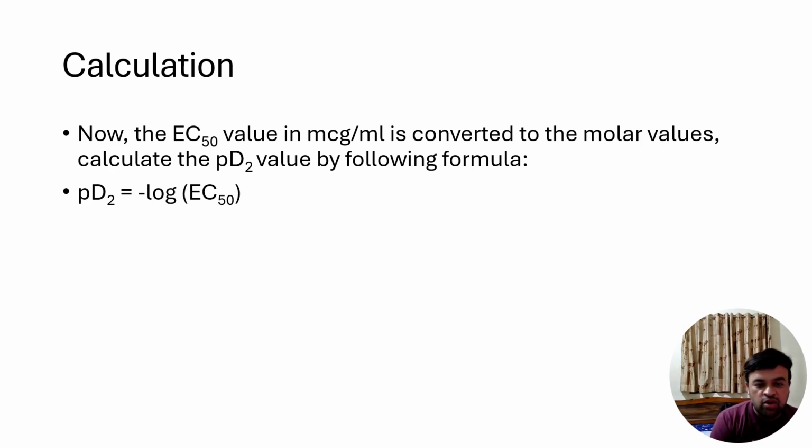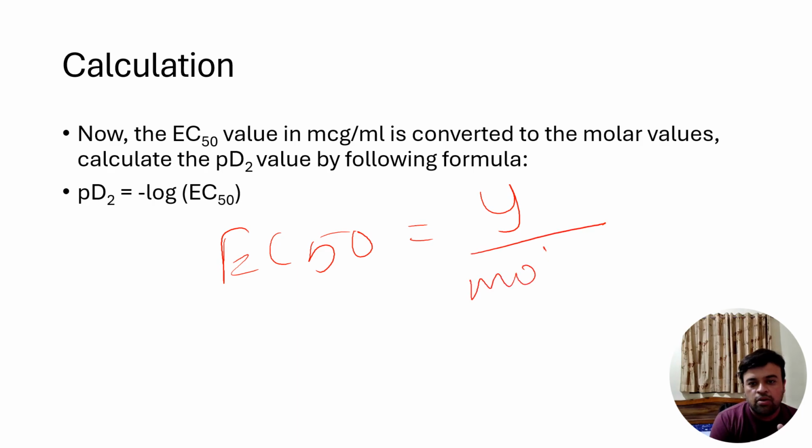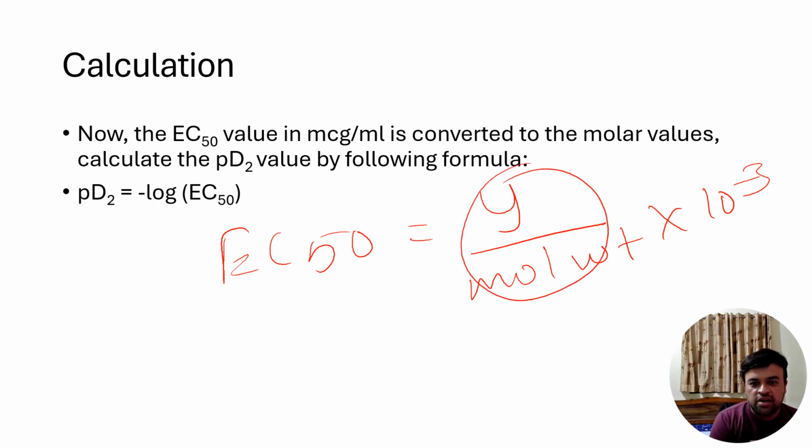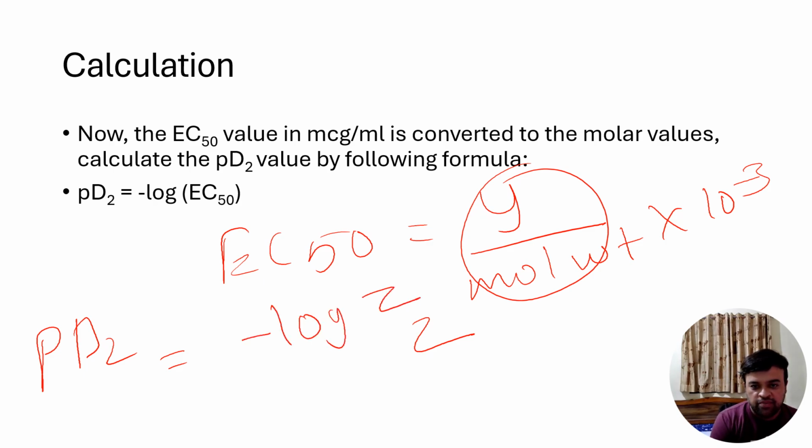But we know that EC50 is equal to y divided by molecular weight into 10 to the power minus 3, which we have considered as Z. So pD2 then becomes minus log of Z. What will happen with the 10 to the power minus 3?